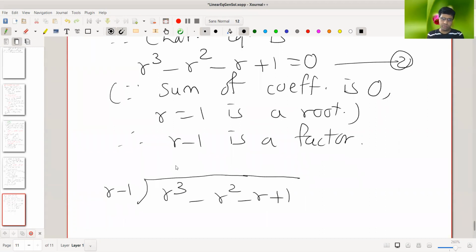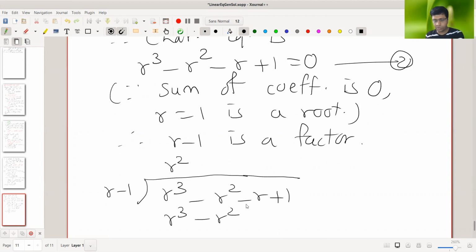So here we write the term such that the multiplication of r minus 1 and this term has first entry r cube. If I write r square here, then r square into r will be r cube. So r cube minus r square, so it is minus r square.